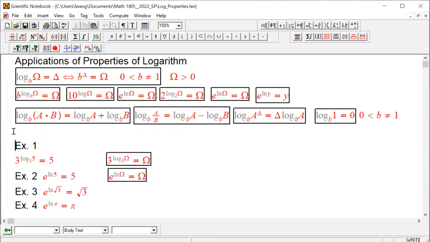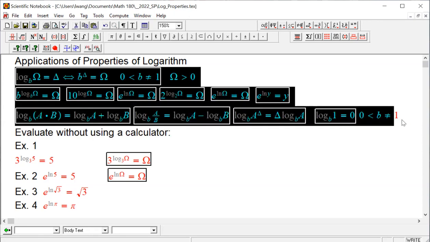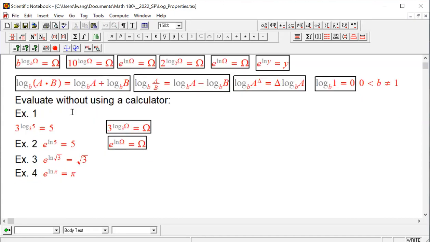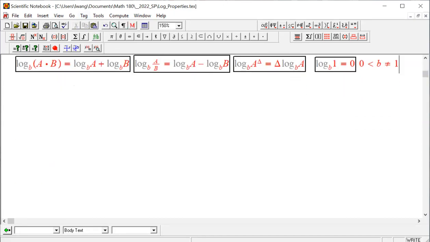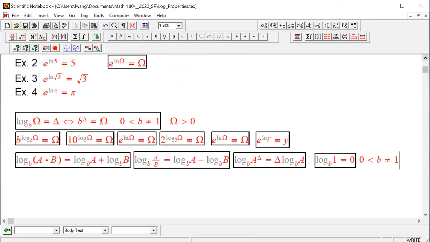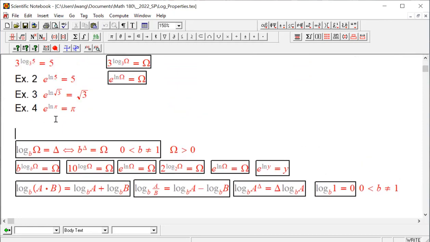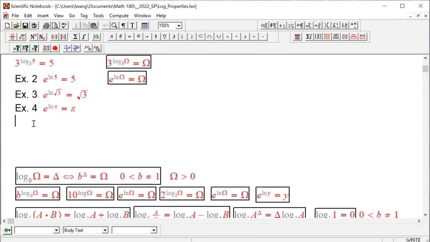I'm going to put the title over here and put all of these properties after our current example, so they will always follow us. That's for my convenience and for your convenience. But soon enough, the hope is that you don't need to look at those formulas anymore. You can just practice and do it, right?